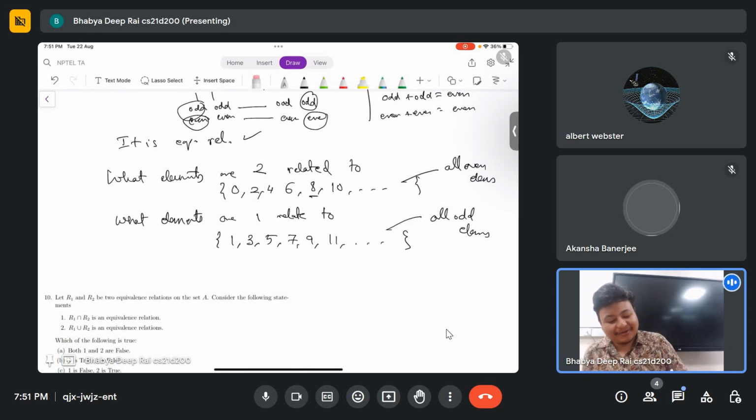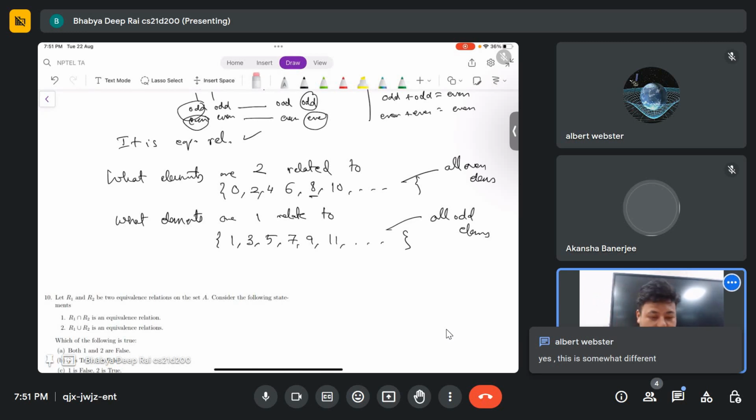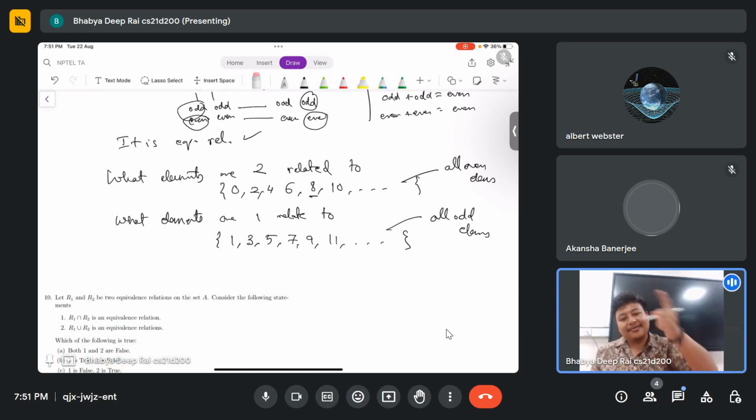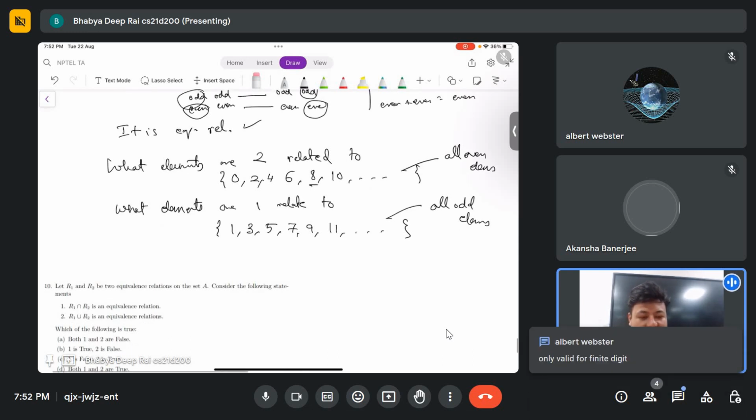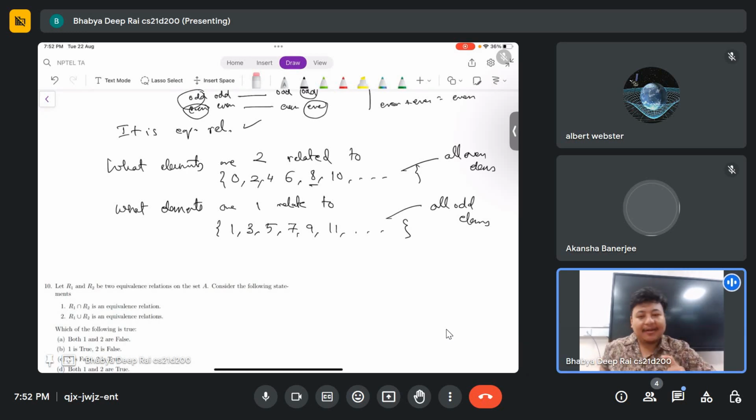But I agree that it is true in the sense that every time we are adding 2. Only valid for finite digits. I do not understand. But anyway, Albert, any number that does not have a finite number of digits is not a natural number actually.